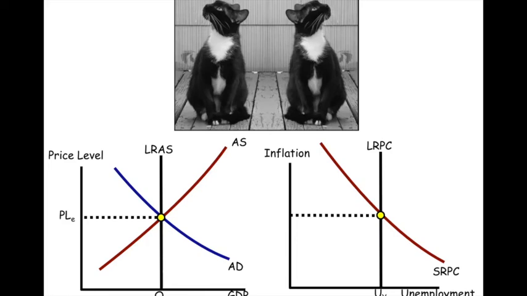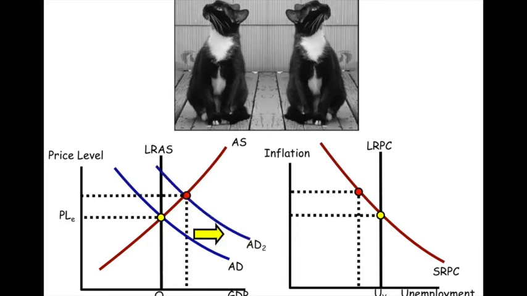Now, let's say aggregate demand increases. If aggregate demand increases, it doesn't matter the position, I'm going to give you each position here in a moment. Well, no, let's go back here. I'm showing you the whole scenario. When aggregate demand shifts, you do not shift your short run Phillips curve. It's just a movement along the curve.